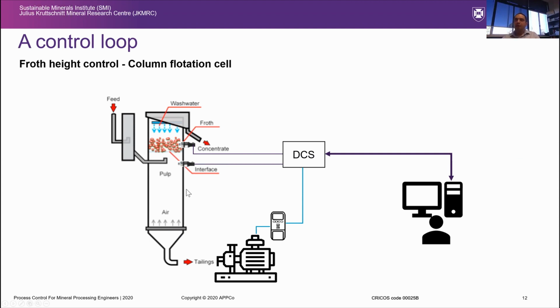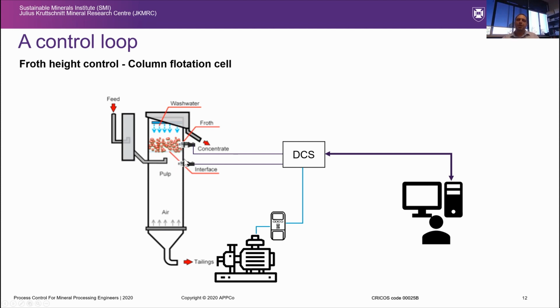But one of the key loops that normally people are trying to control is the froth height in column flotation. And my colleagues who work in flotation know that it has a significant effect on the performance of the flotation. So generally in column flotation, they use pressure transducers, normally one in the froth zone and one in the pulp zone.